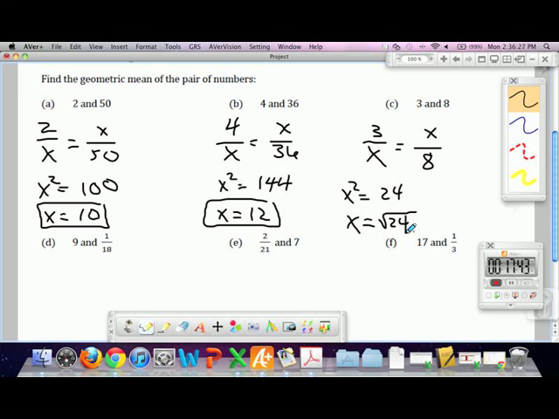How do I simplify that? The largest perfect square that goes into 24 here is 4, correct? The geometric mean of 3 and 8 would be 2 square roots of 6.